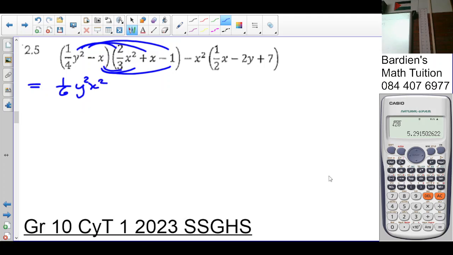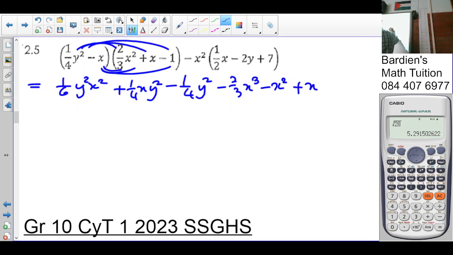A quarter y squared times x is going to be positive a quarter xy squared. A quarter y squared times negative 1 is negative a quarter y squared. Minus x times 2 over 3x squared is going to give you negative 2 over 3 x cubed. Negative x times x is negative x squared. Negative x times negative 1 is positive x.